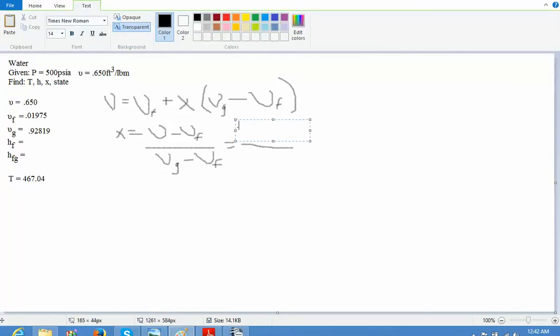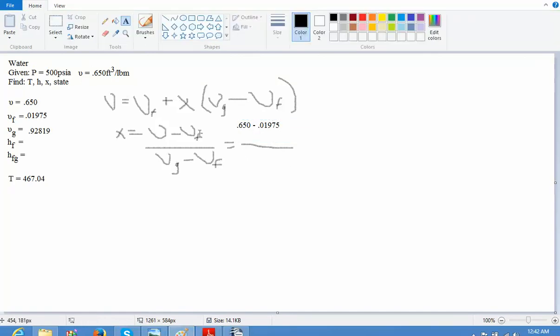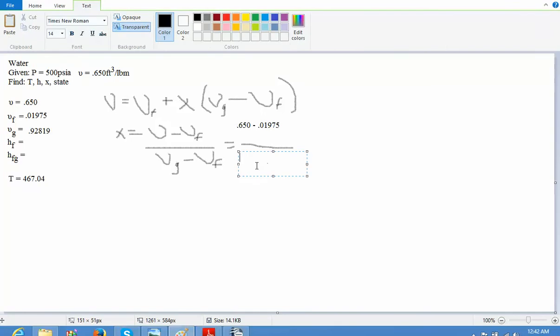So that is what we have here: 0.650 minus 0.01975, over 0.92819 minus 0.01975.